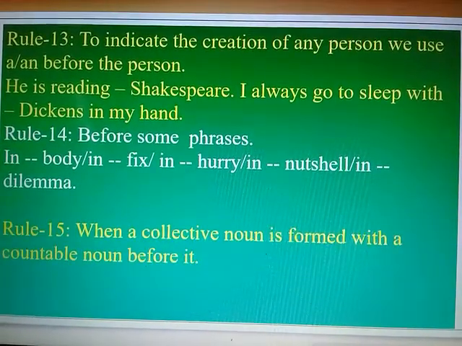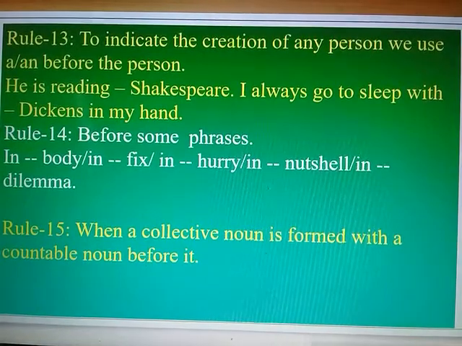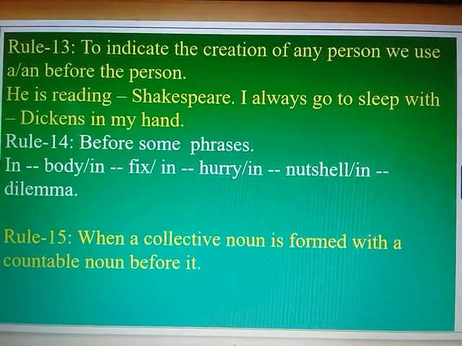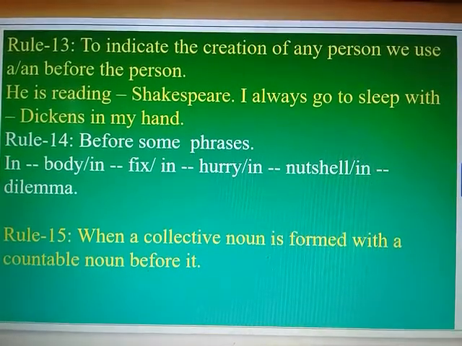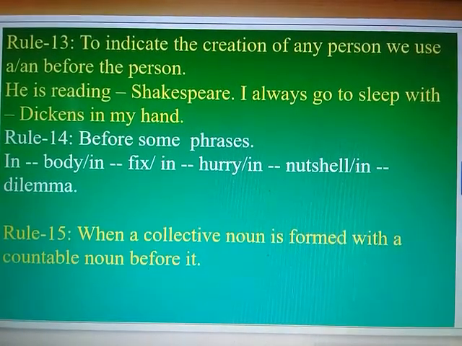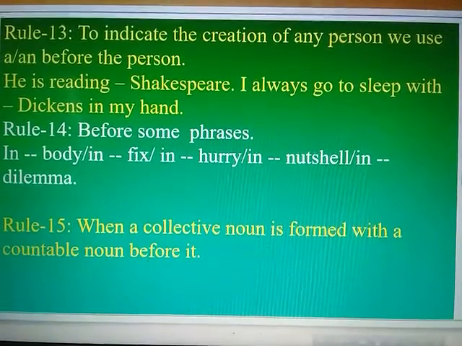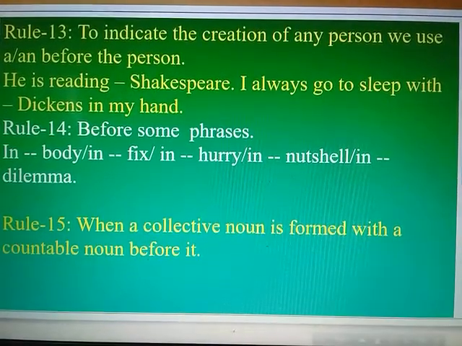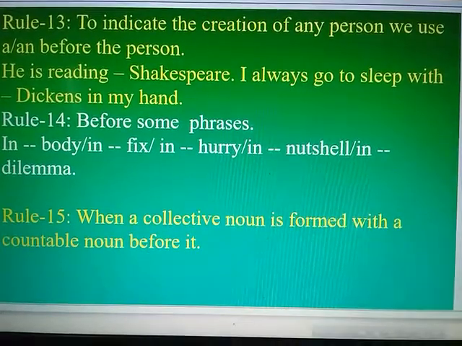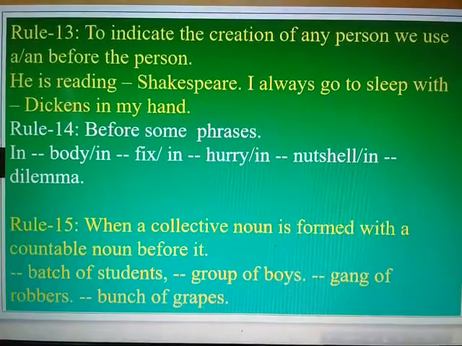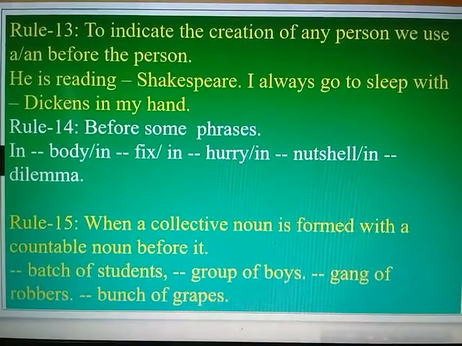Next rule, rule number 15. When a collective noun is formed with a countable noun, we use a or an before it. Example: a batch of students.